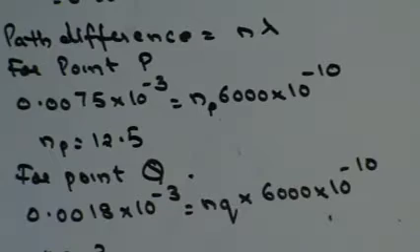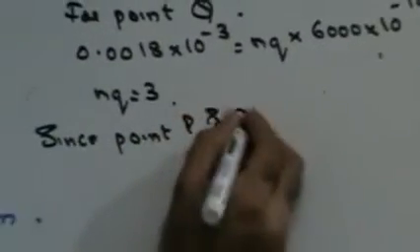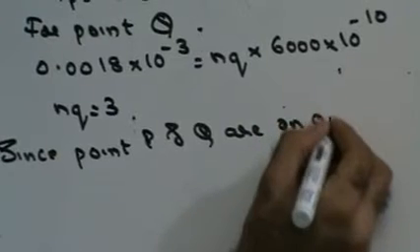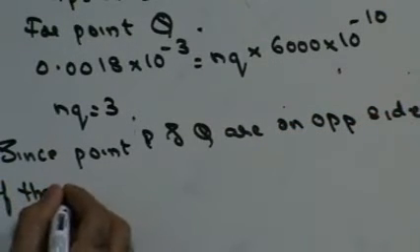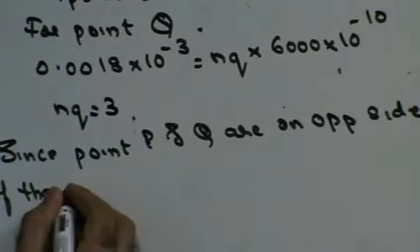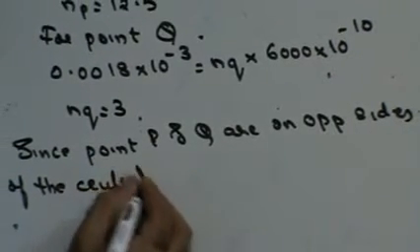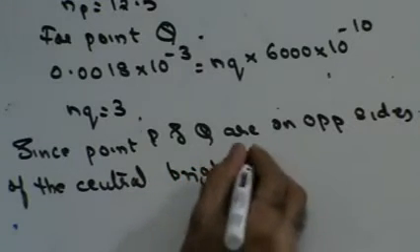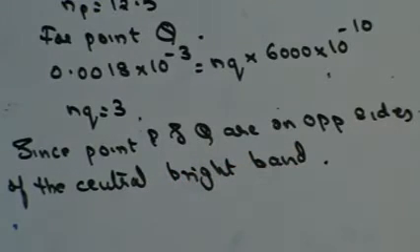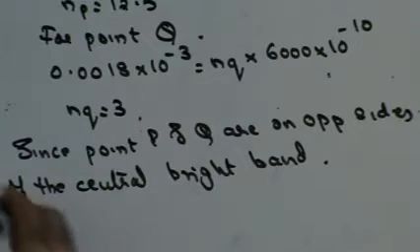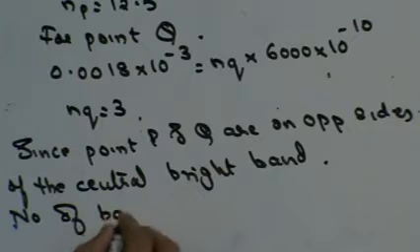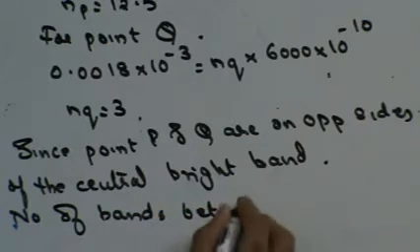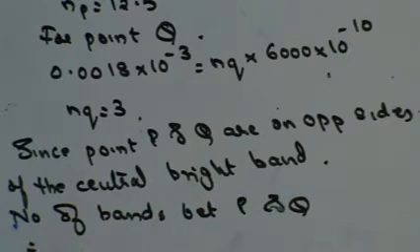Since points P and Q are on opposite sides of the central bright band, as given in the sum, they will ask how many bands are there between P and Q. From the central bright band to P there are 12.5 bands.